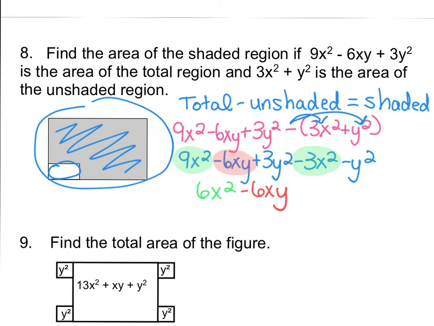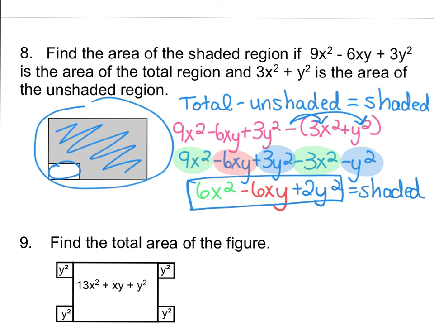And then finally, I've got 3y squared minus y squared, which is going to leave me with 2y squared. So this is going to equal the shaded part. And if you wanted to check, you could add that back to 3x squared plus y squared and make sure that you get your final answer for the total area.